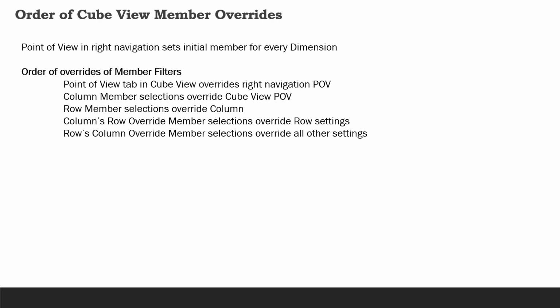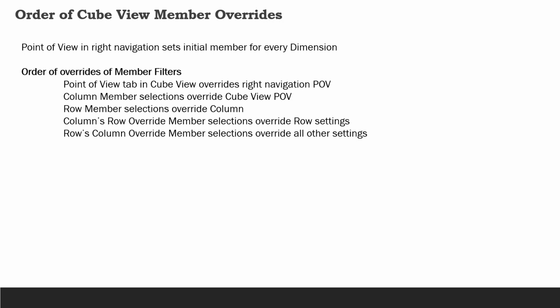Point of view tab in the cube view overrides the right navigation POV. Like if you are setting point of view in cube views, then it's going to override your default cube POV. Second, column member selections override cube view POV. So if you are selecting column members in your cube views, then it's going to overwrite your cube view POV.